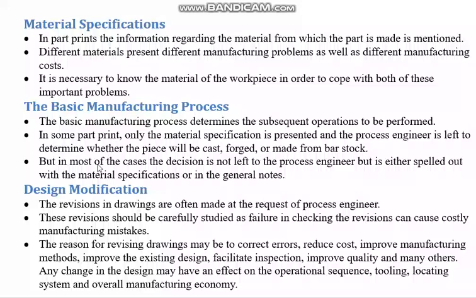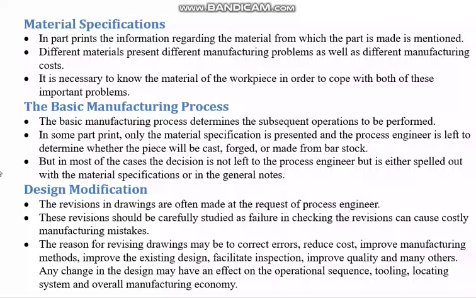Okay, so that's what they are saying here. In most of the cases, the decision is not left to the process engineer, but it is either spelled out with the material specifications or in the general notes. On the drawing itself they can tell, or the general notes attached to that drawing may tell what the basic manufacturing process is.